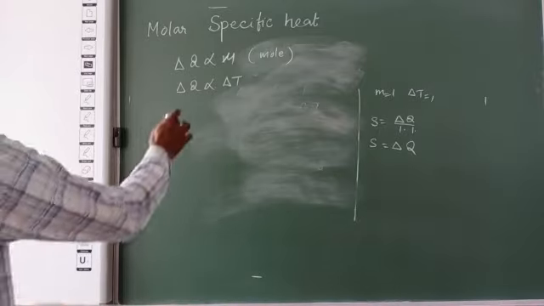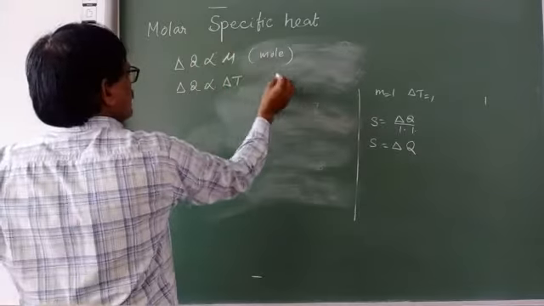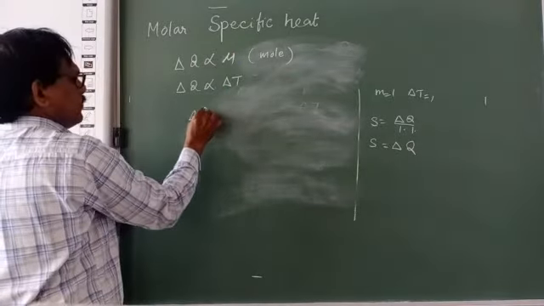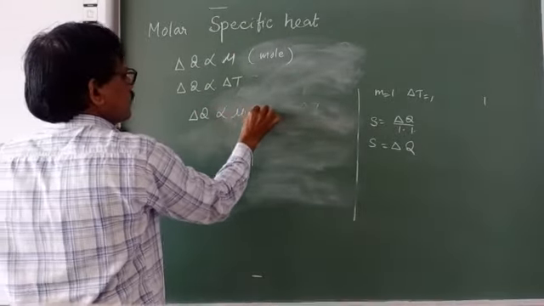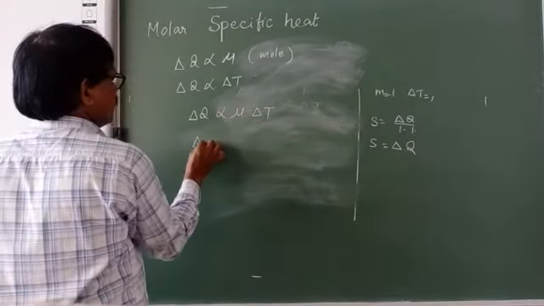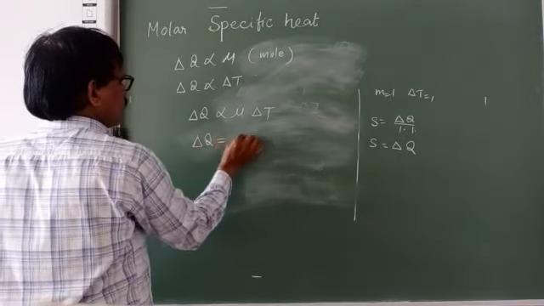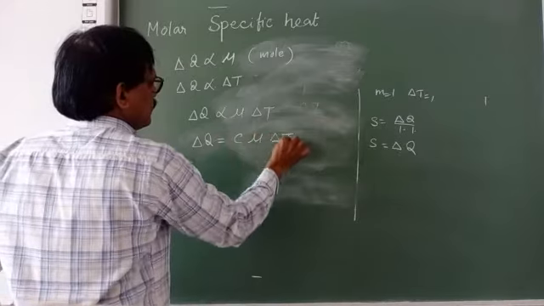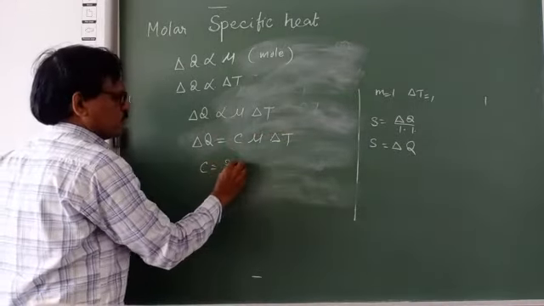This is the symbol for mole, mu. So delta Q is directly proportional to mu into delta T. So delta Q is equal to C mu delta T. This C is called the molar specific heat.